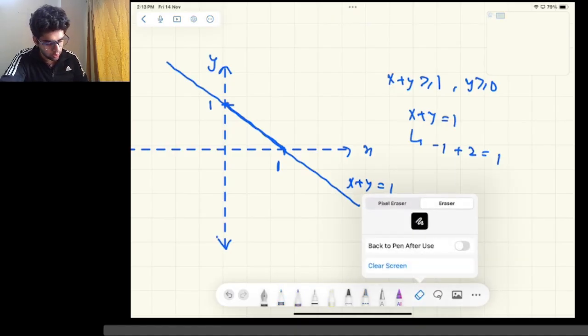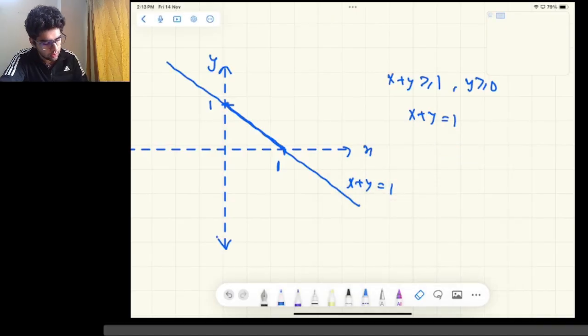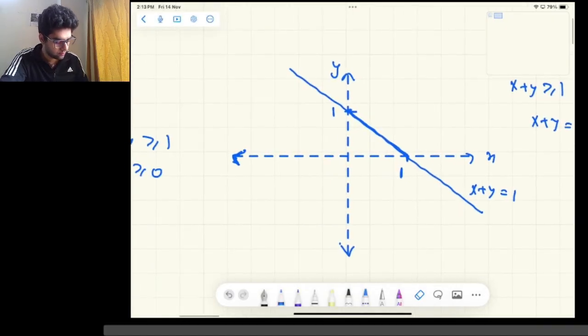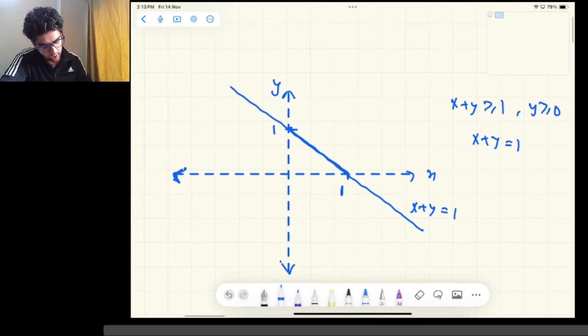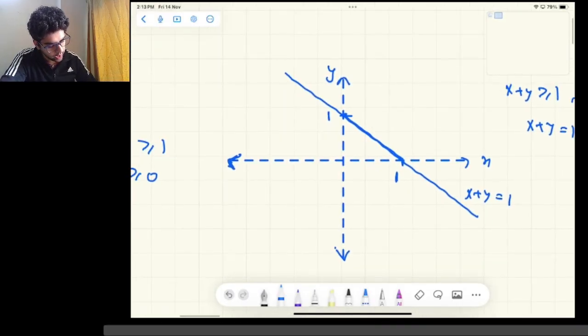So we need to take this into account also. For this, I can take all the points lying above the line.